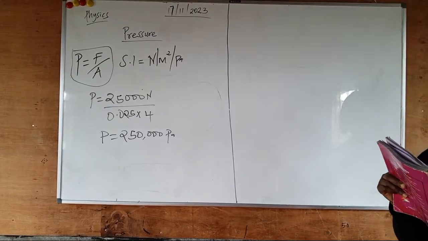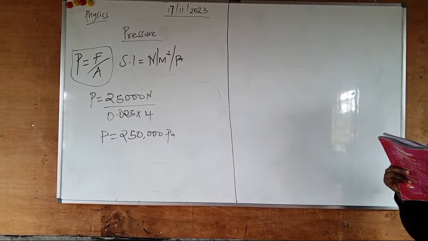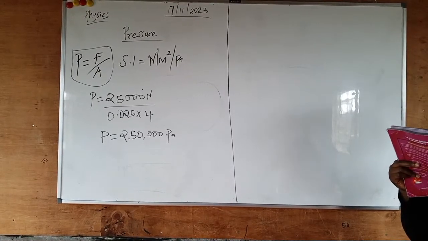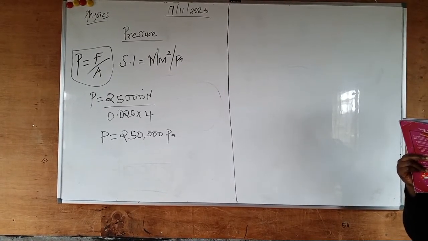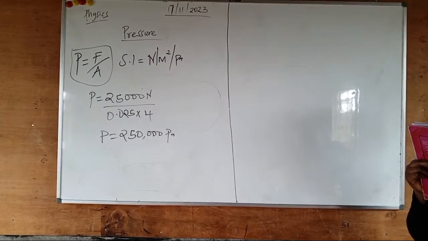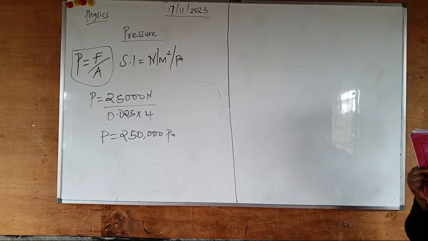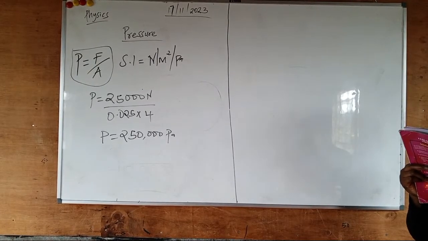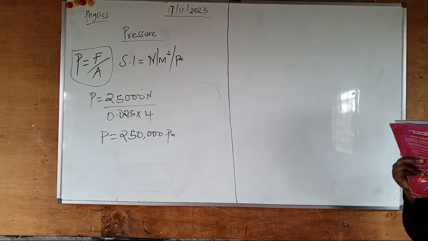Still on the same question you have written, let's change it up a bit. Where you are told the total weight of the passengers is 25,000 newtons, change that. Just wait.